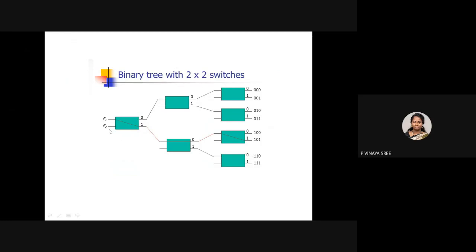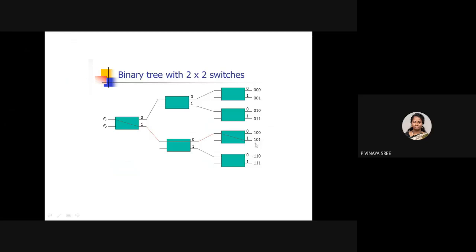See here we have two processors, and we have 0 to 7 memory modules. So in this case, when processor 1 wants to access memory module 5, what it has to do is convert that 5 to binary, 101.